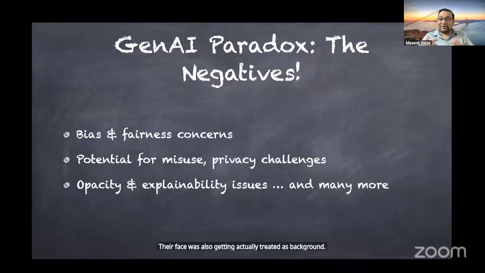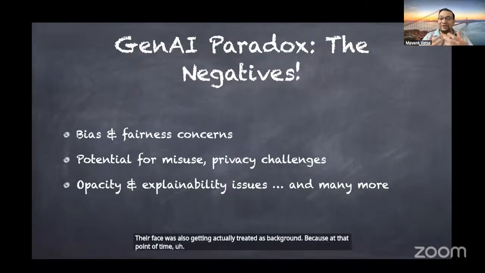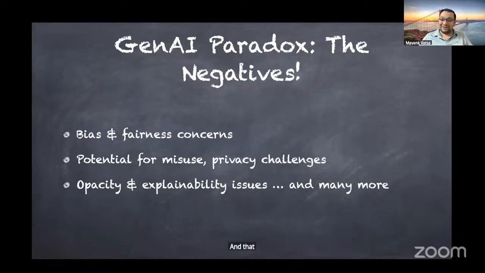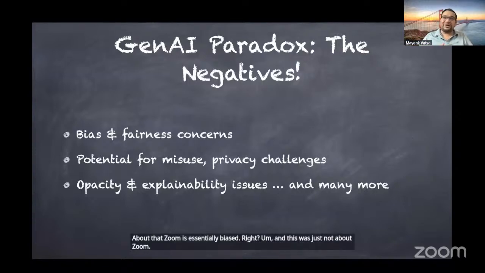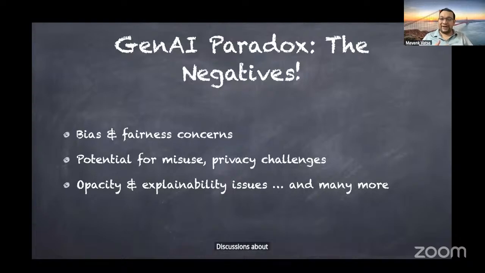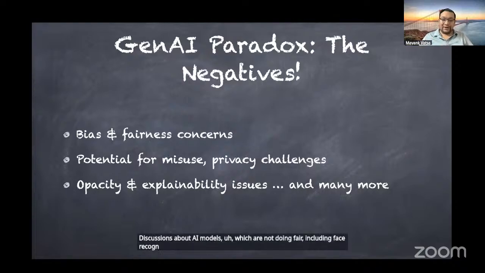Because at that point of time, the data used to train the model was essentially biased data. And that caused a lot of Twitter and social media posts saying that Zoom is essentially biased, right? And this was not just about Zoom. Subsequently, there were many discussions about AI models which are not fair, including face recognition algorithms.